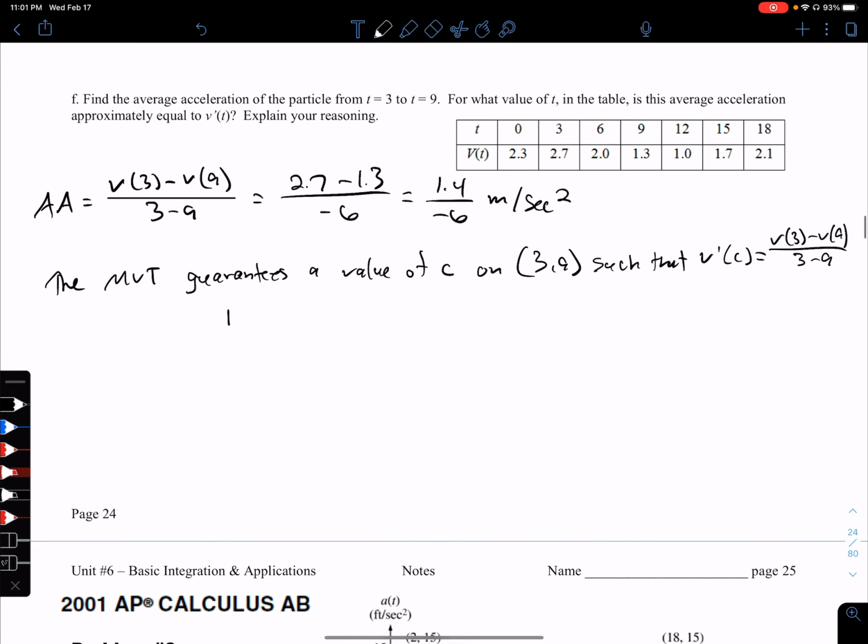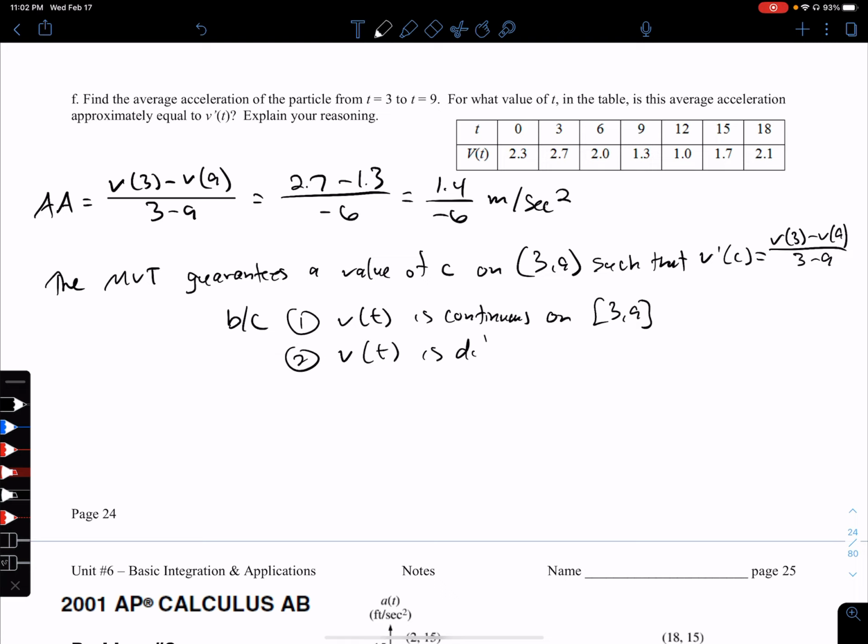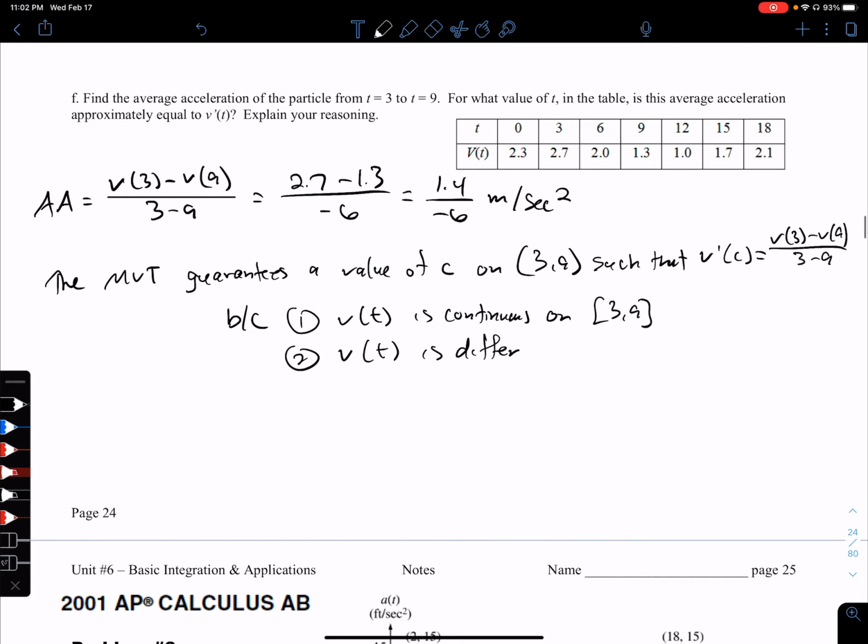And how do we know this is true? This is because 1, v of t is continuous. 2, v of t is differentiable. How do I know that? Because technically I don't know it.